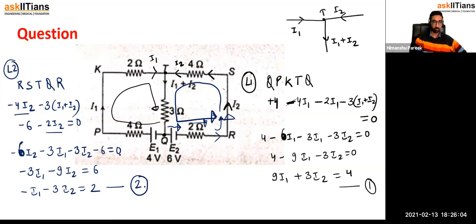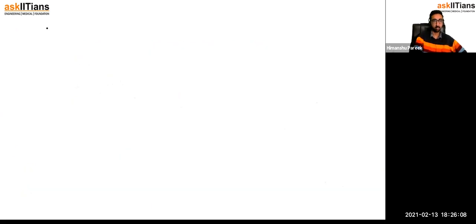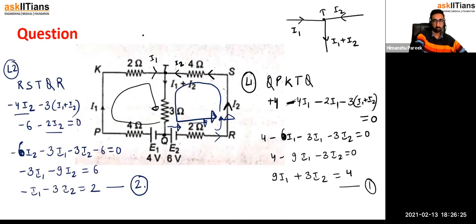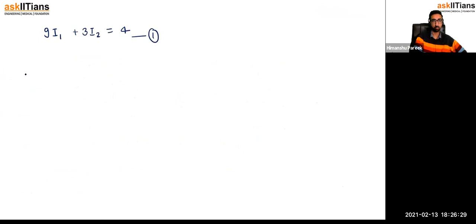Now, let us write down these two equations. We have got the two equations. Now we will have to solve them. Equation 1 and equation number 2 is I1 minus 3I2 is equal to 2.